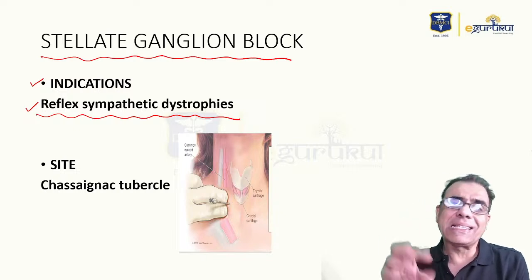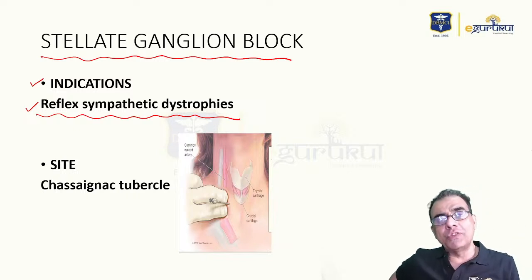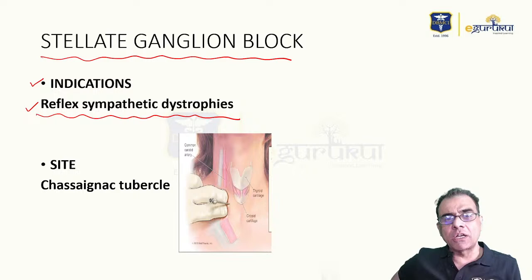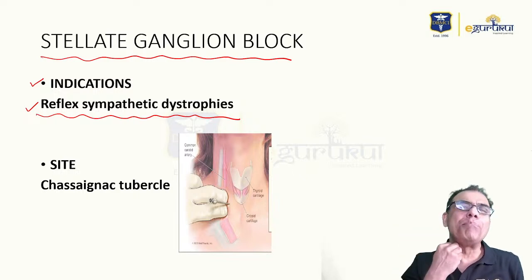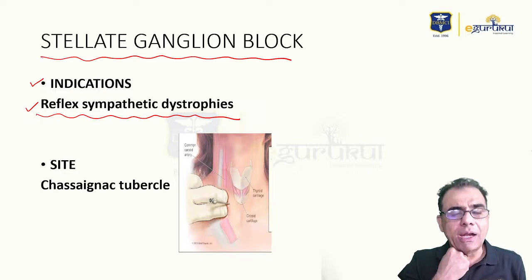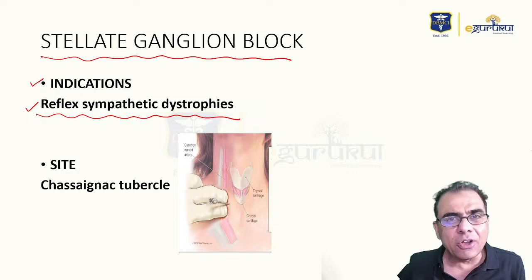These diseases are happening because of sympathetic overstimulation, so they should be treated by blocking the sympathetic supply of the upper limb. And you know that the sympathetic supply of the upper limb is mediated through the stellate ganglion. So that is the most common indication, reflex sympathetic dystrophies.